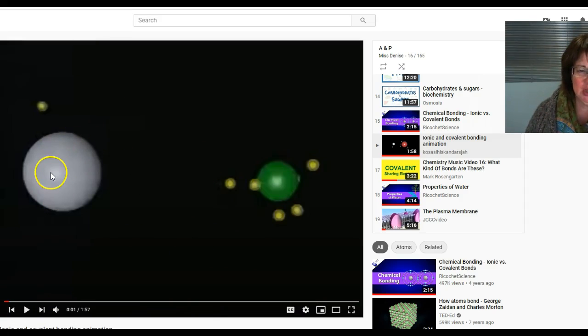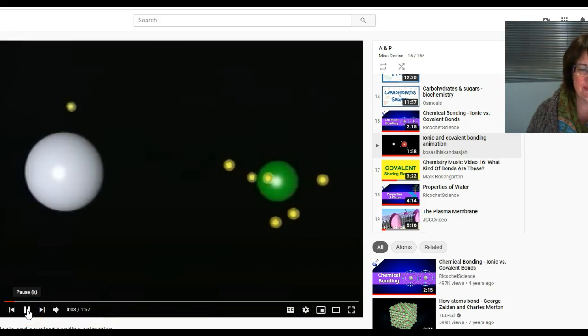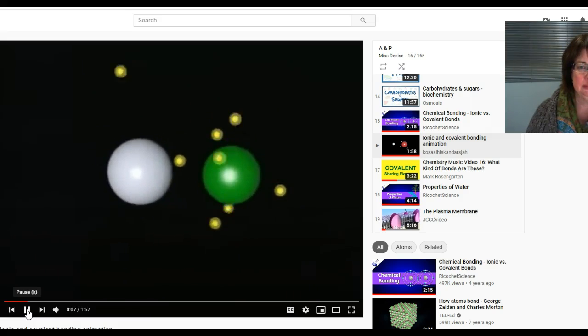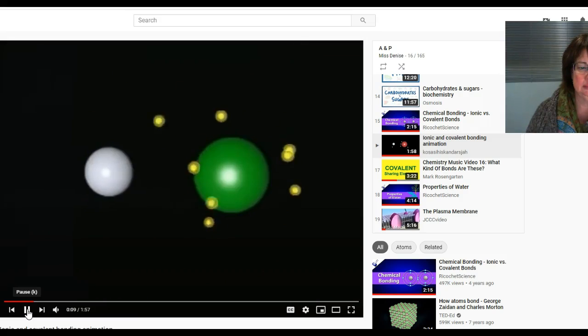Here is a sodium atom, and it has 1 electron in its outer energy level. Here is a chlorine atom, and it has 7 in its outer energy level. Ionic bonding occurs between two atoms when one of the atoms has sufficient strength of attraction to remove an electron from the other atom.